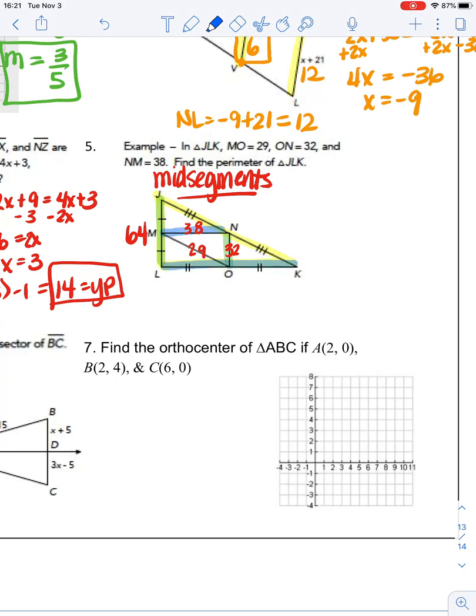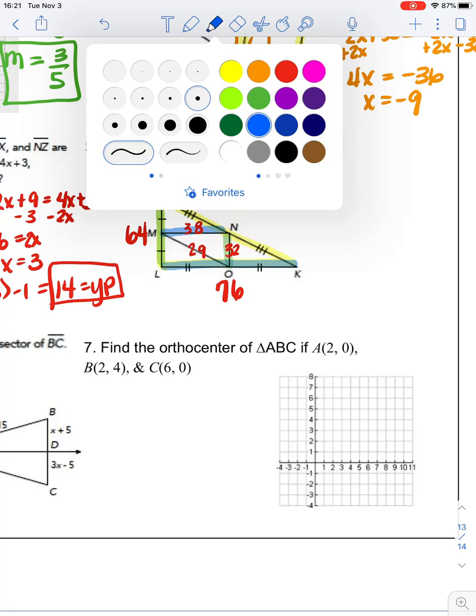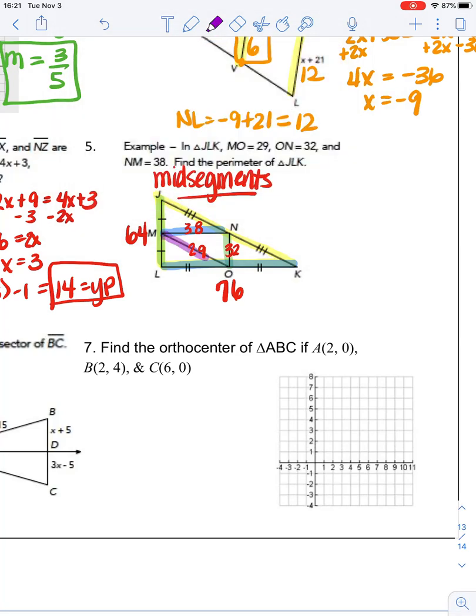MN is half as long as LK. So that's double 38, which is 76. So LK is 76. And then MO is half as long as JK, so it's 29.